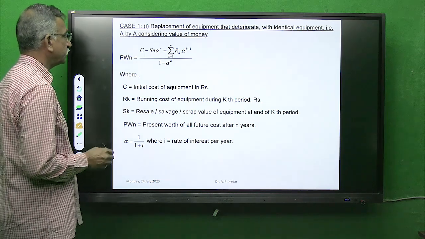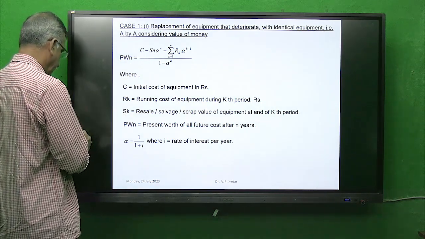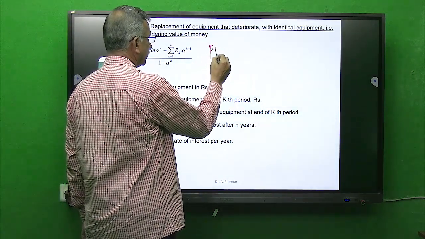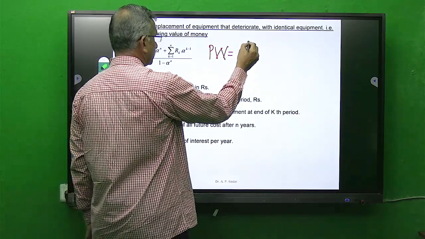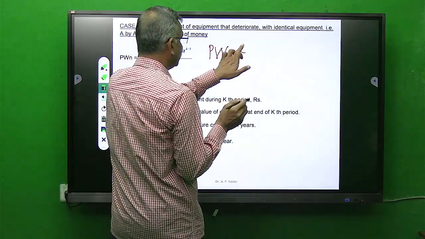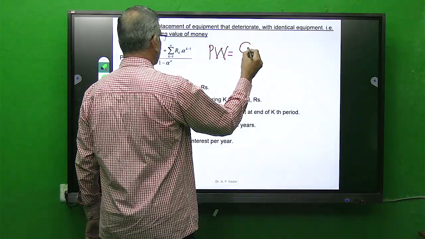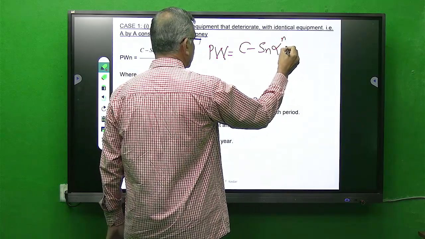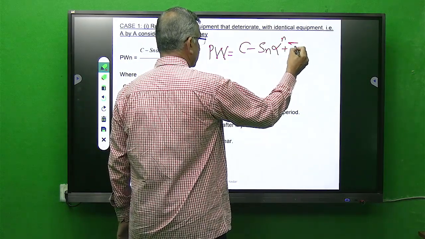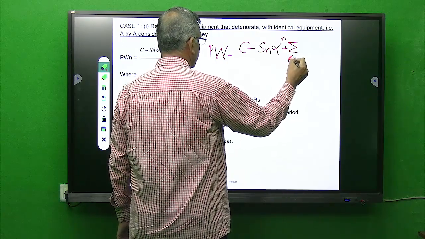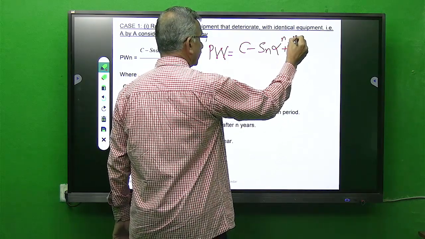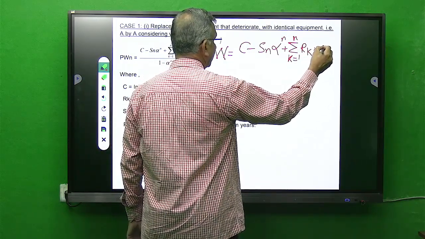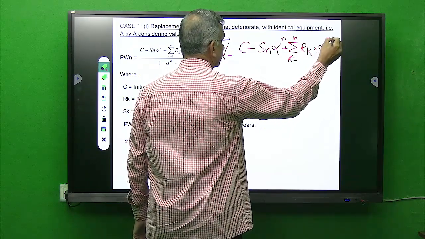So if you recall this case, that we have already discussed, for the first case present worth we have estimated by the relationship C minus Sn alpha^n plus summation k ranging from 1 to n of rk multiplied by alpha^(k-1).